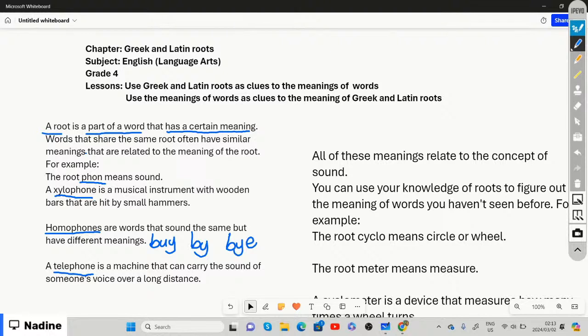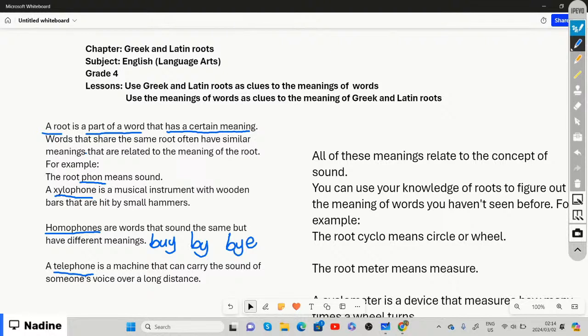Then we have a telephone, which is a machine that can carry the sound of someone's voice over a very, very long distance. So if we look at the root word phone, all of these meanings relate to the concept of sound. Like we said, homophones are words with the same sound but different meanings.